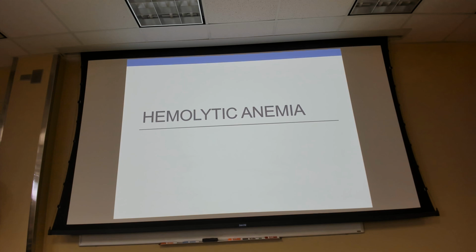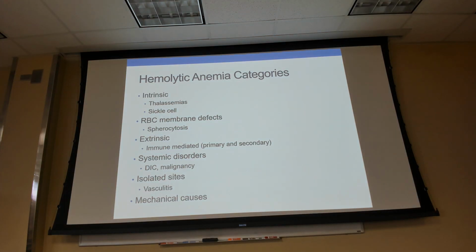Now we talk about your hemolytic anemia and the anemia of increased breakdown. Okay, so is this going to more likely have pallor or more likely have jaundice? Jaundice. So when we are looking at this, we're looking at different types. What's wrong on the inside of the cell that's causing it to be destroyed?